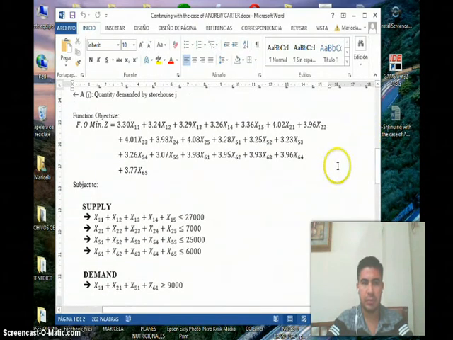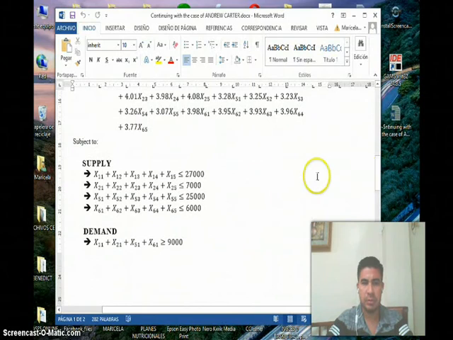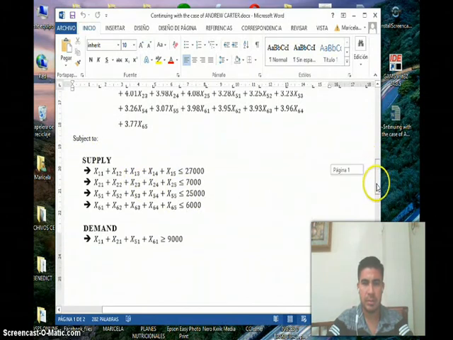Then the objective function, and the restrictions subject to supply and demand.